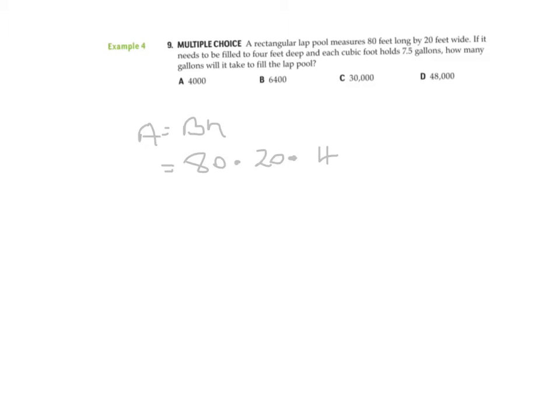Okay, so 80 times 20 is the base and 4 feet deep, and if you multiply those together you get 6,400 feet cubed, and don't forget this time it's cubed. And then it says that each cubic foot holds 7.5 gallons, so again it's just a multiplying situation here. So your 6,400, if you times that by 7.5, you finish up with 48,000, and looking at your answers you've got, that has to be answer D.